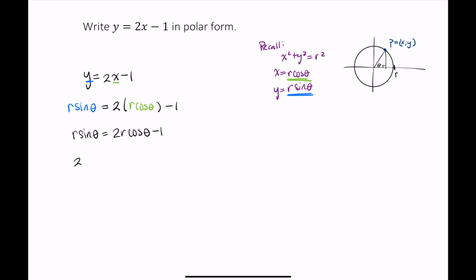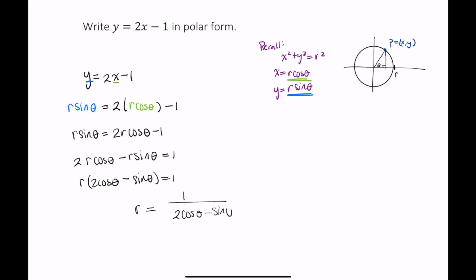Alternatively, I can write this as 2r cosine theta minus r sine theta equals 1. So this is r times (2 cosine theta minus sine theta) equals 1. And finally, I can see clearly that r is 1 over (2 cosine theta minus sine theta).